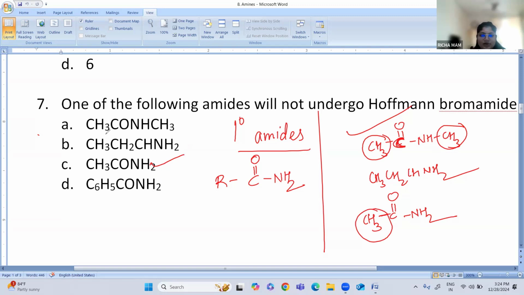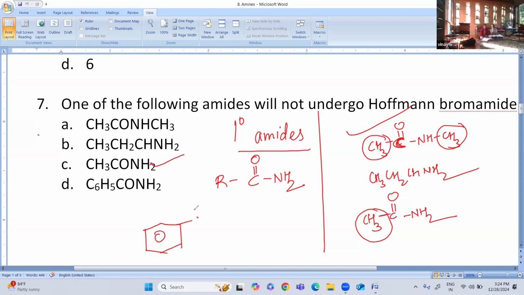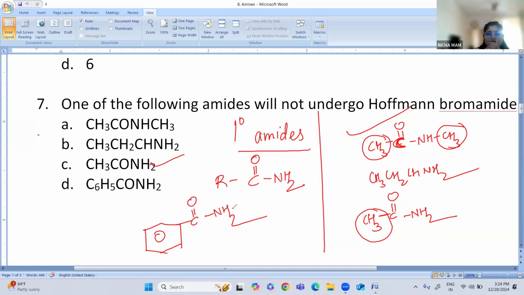Then which of the following will not undergo, they have asked. Here C6H5, C double bond O, NH2. Option A, yes, option A. It will not undergo Hoffmann bromamide degradation reaction.